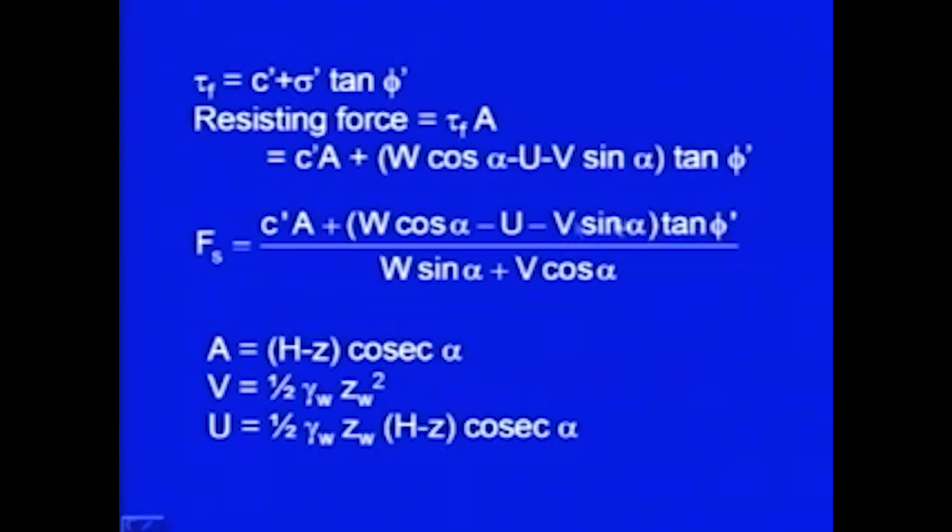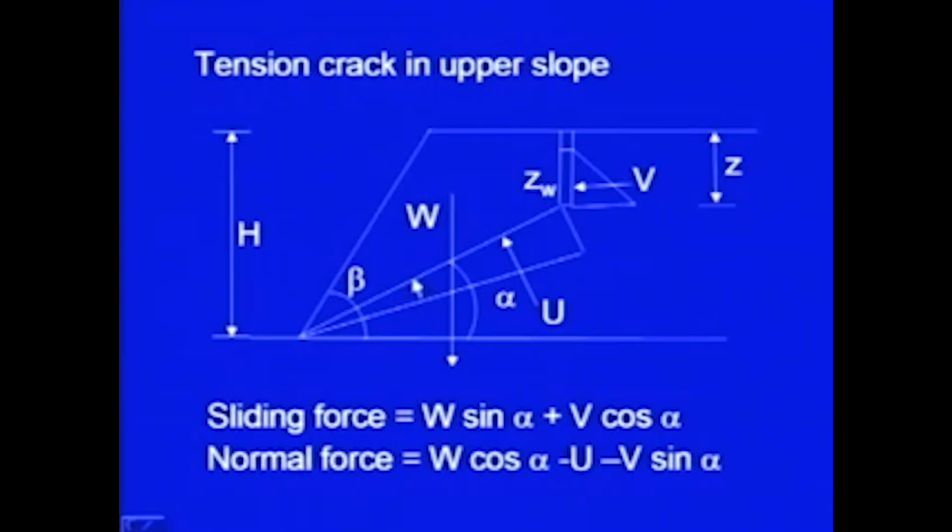All this into tan phi dash, divided by W sin alpha plus V cos alpha. So, this is the expression for the factor of safety, and this area A you can find out from here. Area A is this dimension into 1.